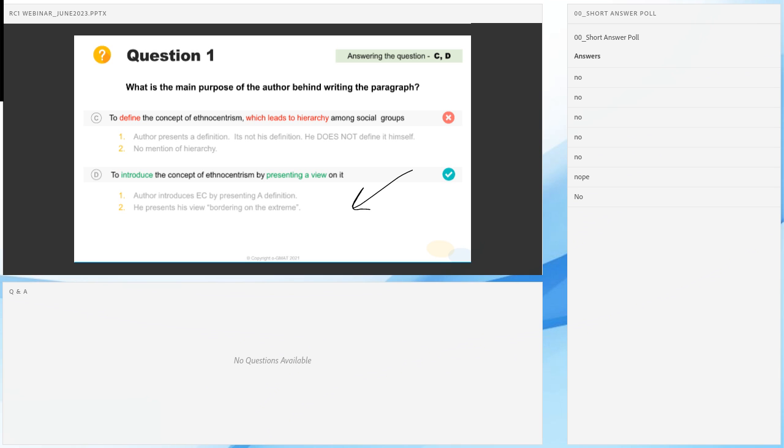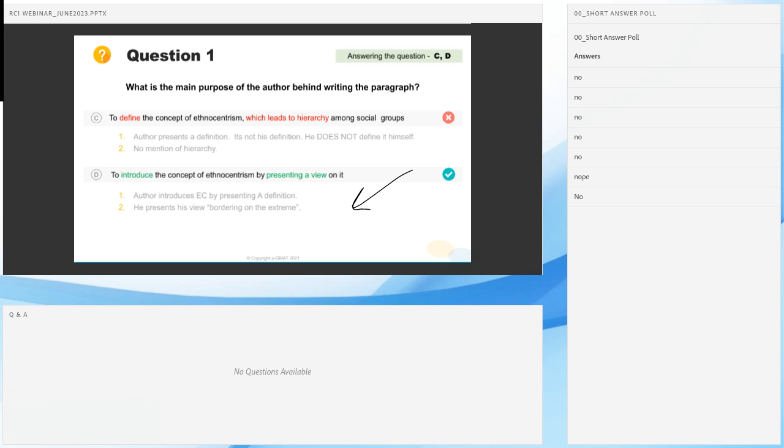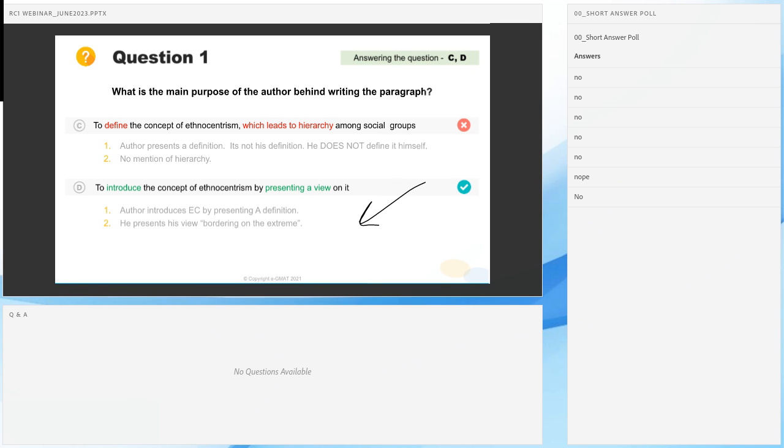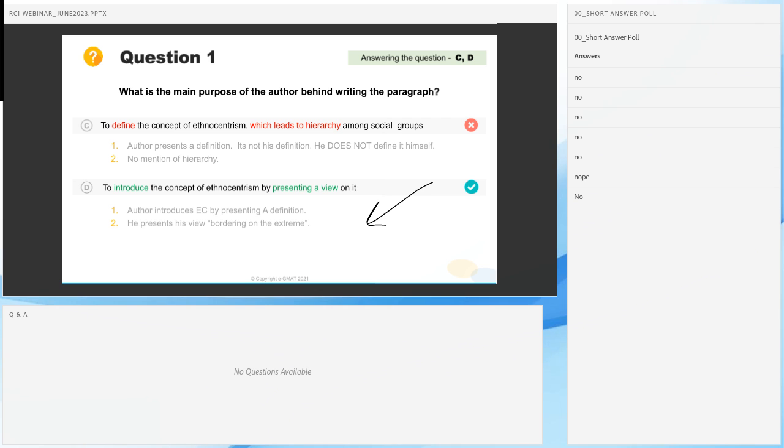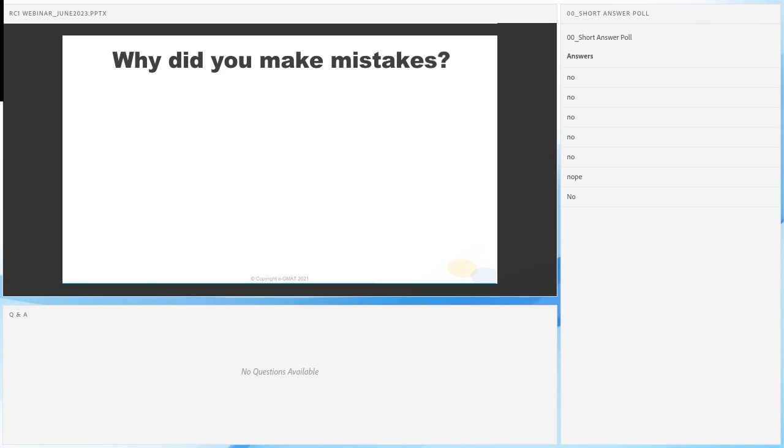And I understand for those of you who are engineers or scientists, this may be slightly confusing because we are used to black and white. This is a shade of gray in between, and it's really important to understand that shade of gray. All right. For those of you who made a mistake, why did you make a mistake? How are you going to correct it?